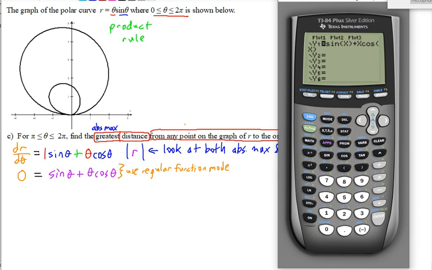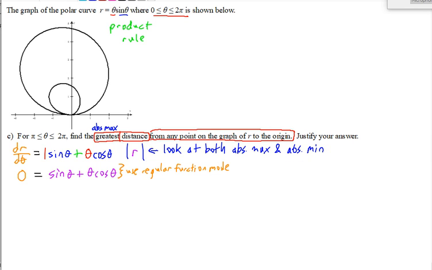And then notice, before we graph this, the window size here, it's telling us we're just looking on this interval. So make sure your x minimum on the window size is pi, and your x maximum is 2 pi. Otherwise, we're going to see more than what we really need to look at.